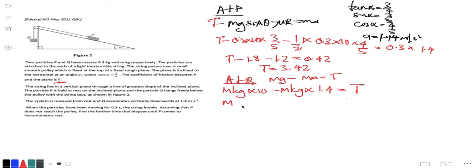From here, m times (10 minus 1.4) equals 3.42. So from there we get m equals 0.3977 kg.